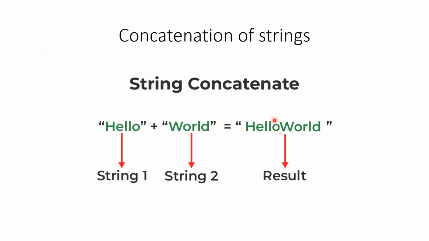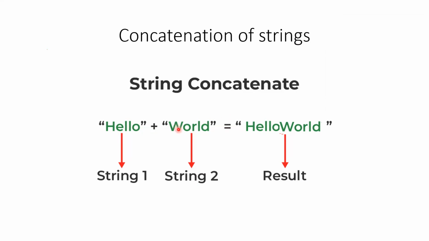So how do we concatenate two strings, or what exactly does concatenation mean? Concatenation means joining two strings together. If you take a look over here, the first string is hello and the second string is world. Whenever we combine them, we will get helloworld.